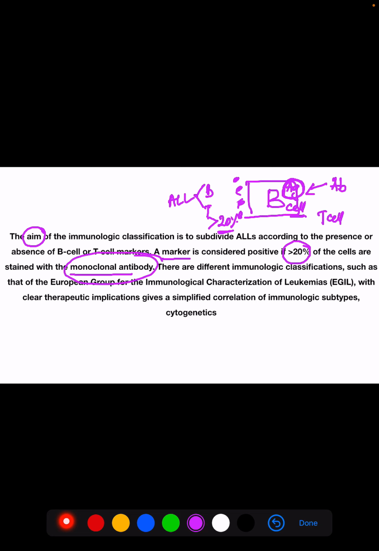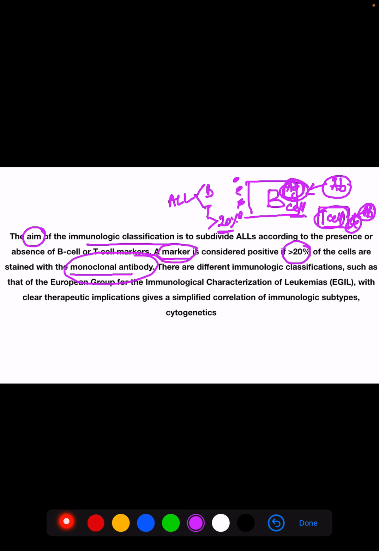Supposing it is a T cell, if we stain this T cell with an antibody that is specifically designed only for B cell antigens, it won't stain the T cell. So this is how immunological classification is done.